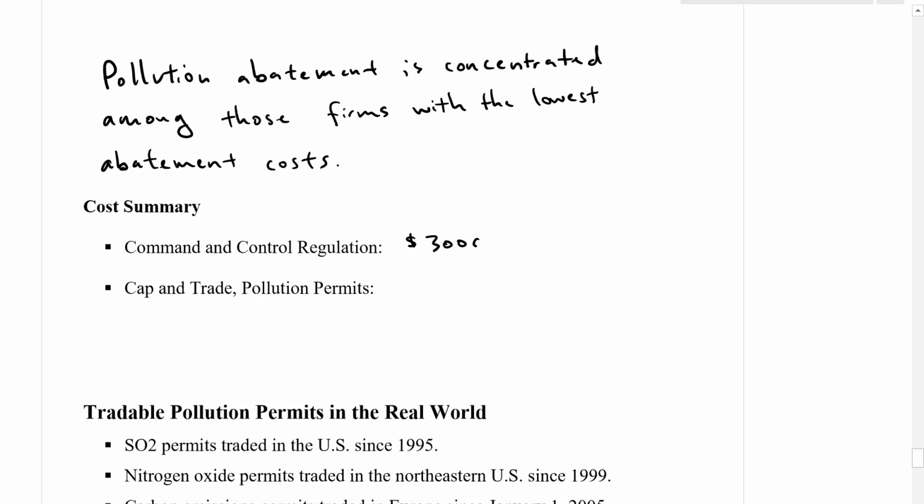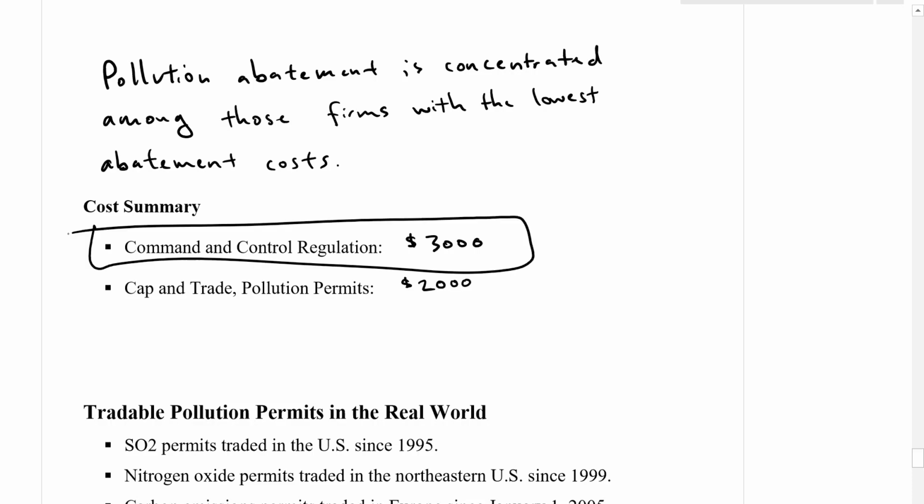So the very large government-heavy regulations are going to be much more expensive, and actually give less incentive to continue reducing pollution and improve the environment than these market-based systems like cap and trade pollution permits, or also corrective taxes, which are another market-based system.